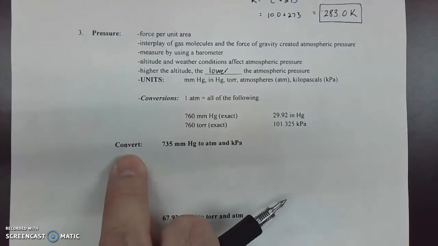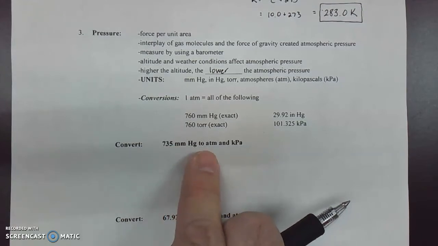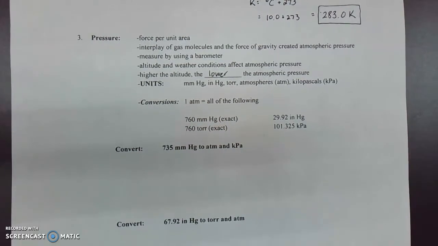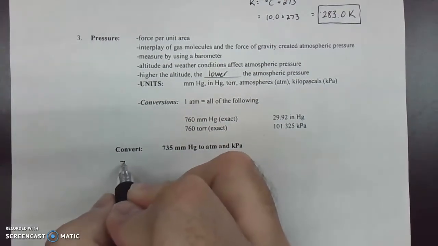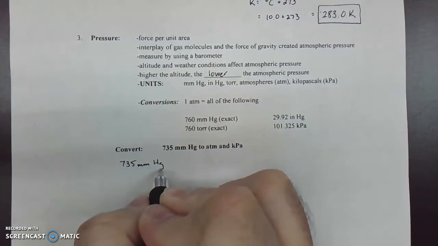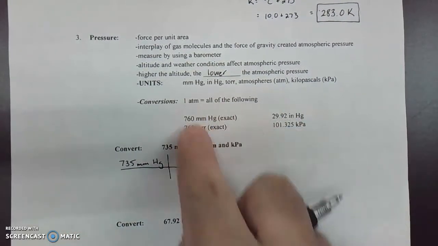So we want to convert 735 millimeters of mercury, first to atmospheres, then to kilopascals. We're going to use our conversions just like we always have. We start with what we're given, 735 millimeters of mercury. Then we have to find one; these are all equal.